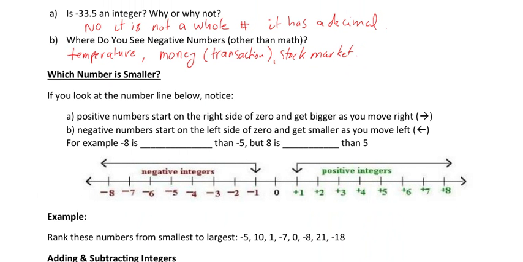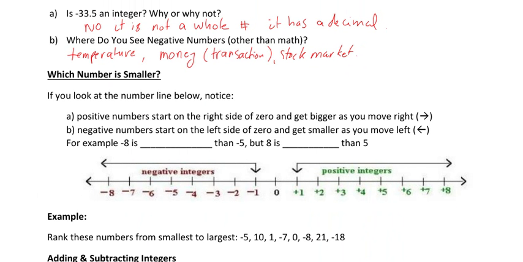So a positive number starts on the right side of the 0 and gets bigger as you move to the right. As you can see, from 0, as I move to the right, my numbers are getting bigger. And the negative numbers start on the left side of the 0 and get smaller as you move left. Technically the number itself, like 1, 2, 3, gets bigger, but because it's a negative number, we call it a smaller number.